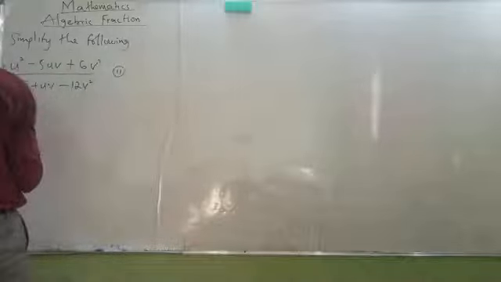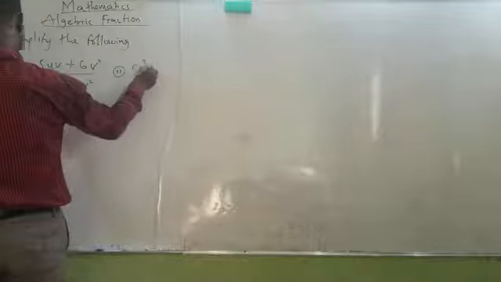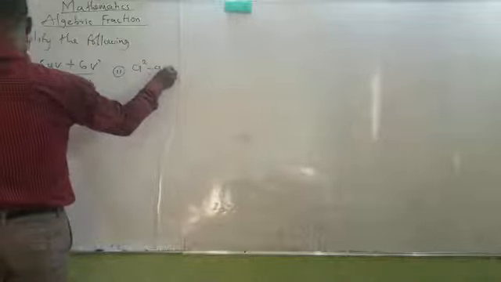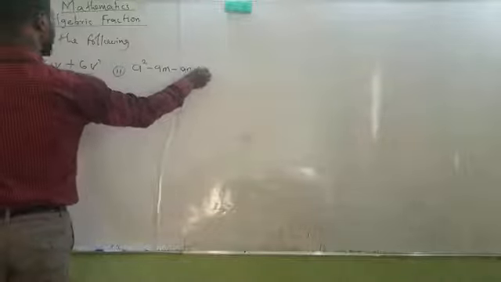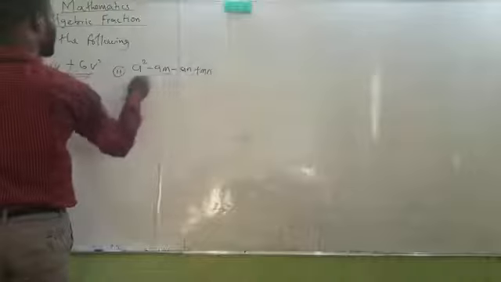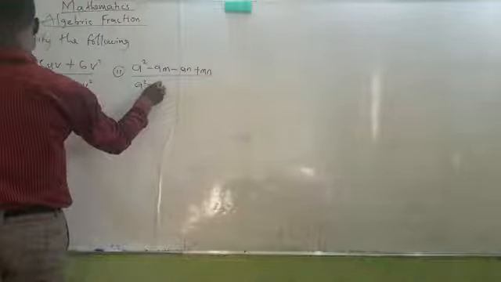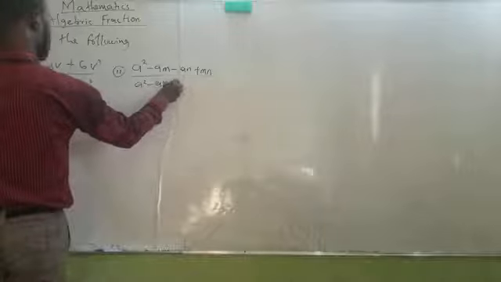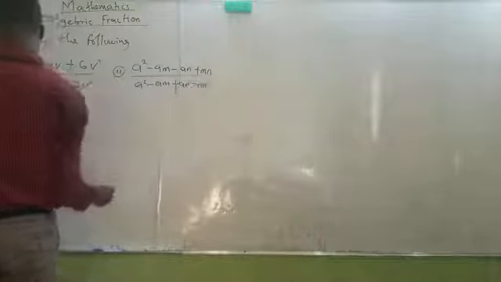Number 2, we have mn plus mn divided by a squared minus am plus an minus mn.